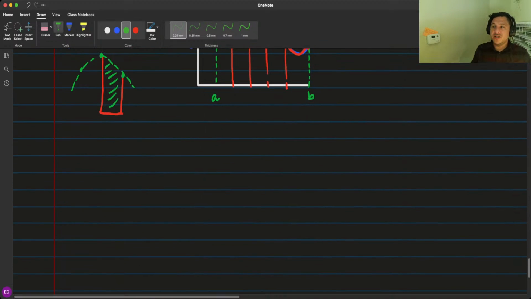Okay, so let me just give you the rule for Simpson's rule. This is how the estimate for Simpson's rule works. We won't go over the derivation. It's very similar to the other ones.